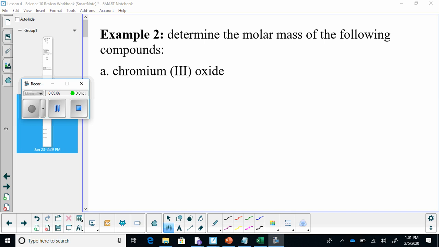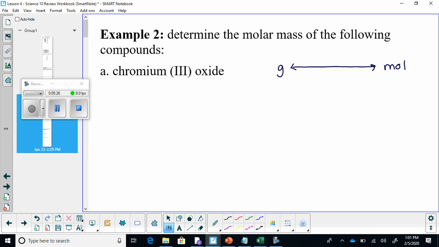Okay, so now let's use molar mass to convert grams into moles, moles into grams. So a couple side notes here. We can go from grams to moles and moles to grams, okay?